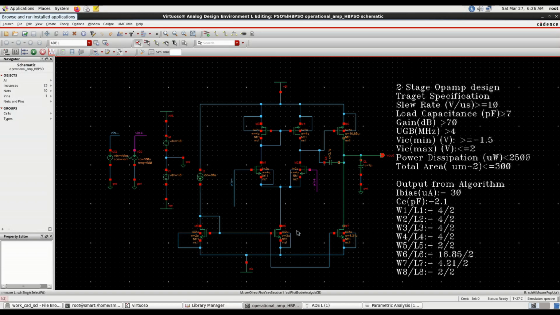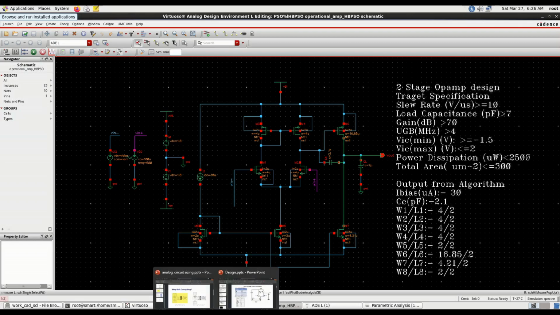So now you can see here, this is the Cadence schematic design, and these are the parameters that we have obtained from the algorithm, and these are my specifications. You can verify it from MATLAB itself.